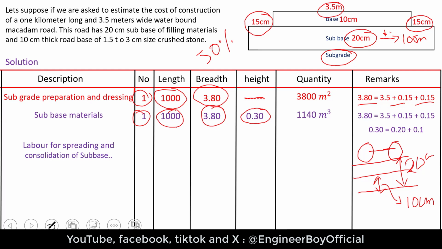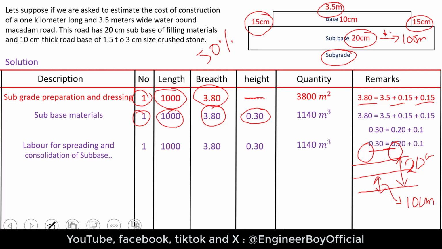Now, labor is required to spread those materials according to the specifications, or according to the given dimensions. And this is so simple, okay? It is very important to know that the materials which are brought should be spread, so the same material just spread, it means the quantity should be the same as the subbase material. It's very simple.